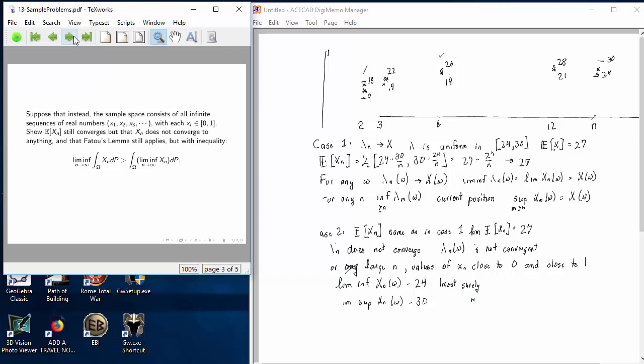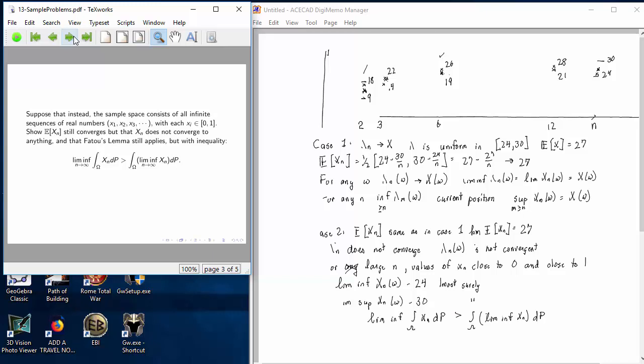So now we can check Fatou's Lemma. Fatou's Lemma says, look at the lim inf of the expectation of x sub n and compare that with the expectation of the lim inf of x sub n.